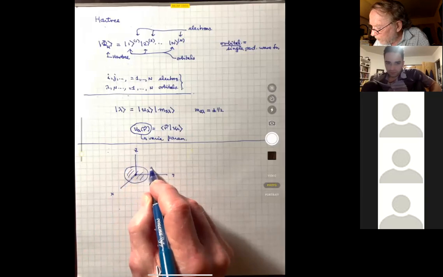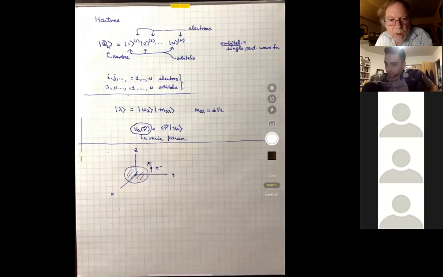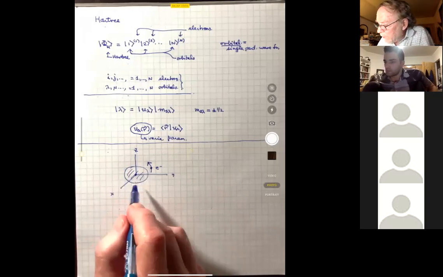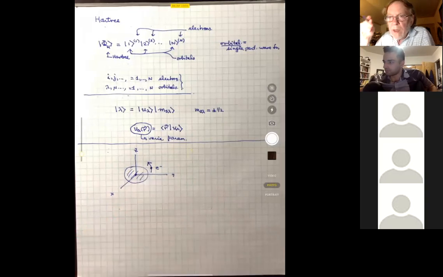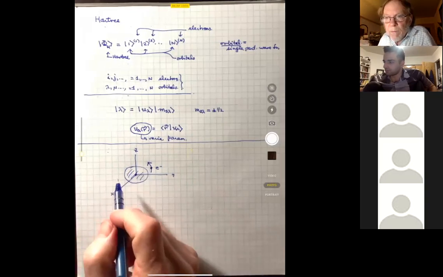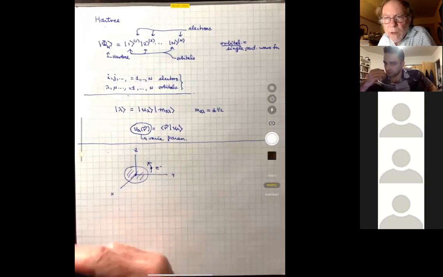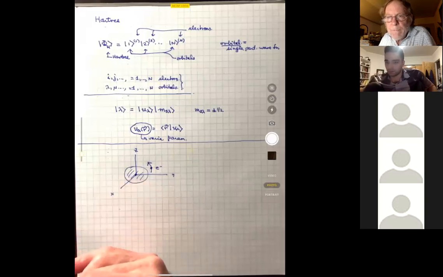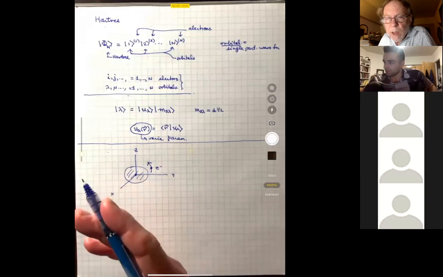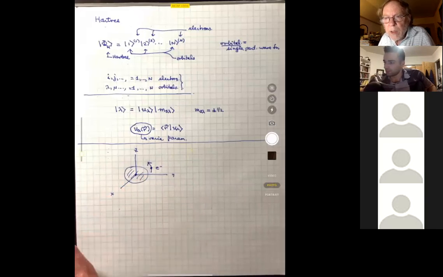And if I pick one of these electrons, e minus, and you think of it classically as moving on an orbit like so, what one can imagine is that the effect of the other electrons on this given electron is produced by the electron cloud of the wave functions of the other electrons. The wave function implies a distribution of probability in space, and that corresponds somehow to a cloud of charge.